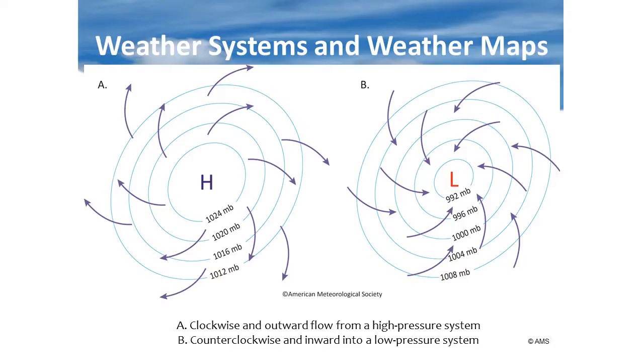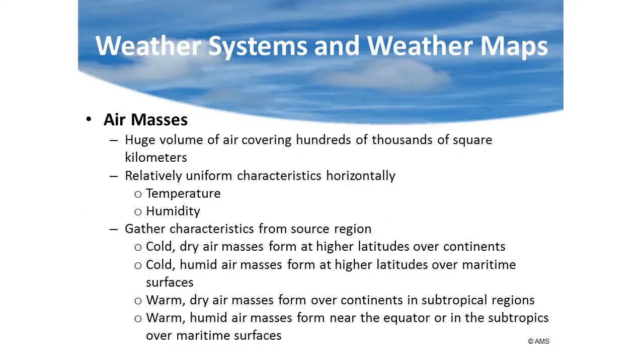Here the air is rising, so you need a feed of air to supply additional air, because once that air starts rising, you'll create a vacuum at the surface, so to speak, and you'll need air to fill in again. So as that air starts converging toward that low, it'll be spinning in a counterclockwise direction. So those are critical elements you're going to be asked to answer in questions throughout your assignments during this course.